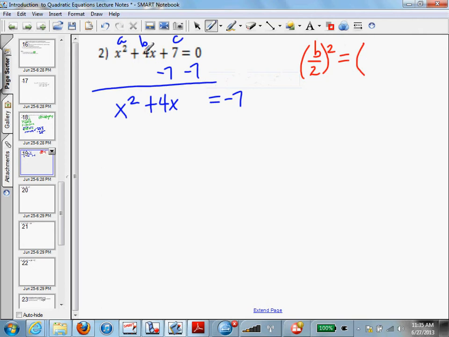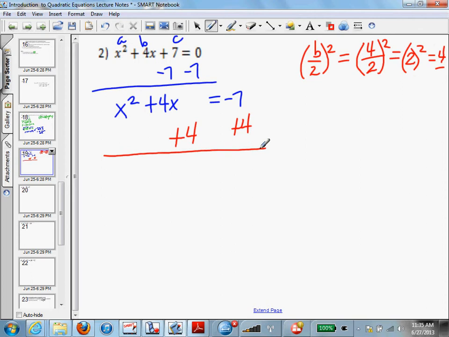In this case, b is 4 because it is the second term, or the term that has only the x variable attached to it. So we're going to plug a 4 in for b, and we're going to have 4 divided by 2 is 2. 2 squared is 4. So 4 is the number we want to add to both sides of the equation.